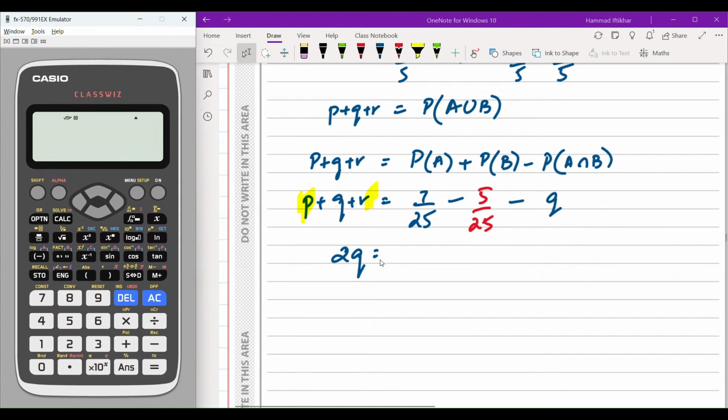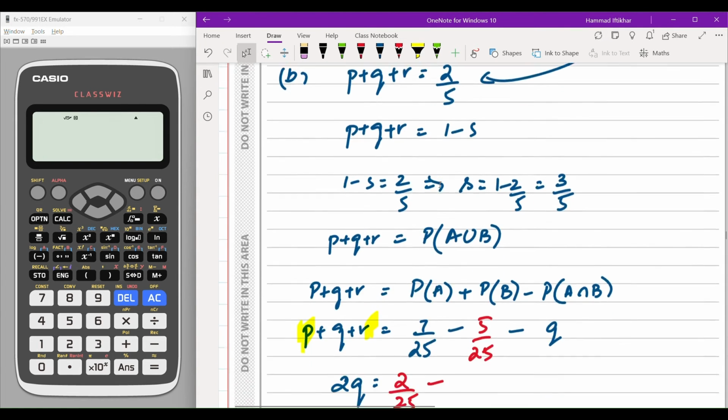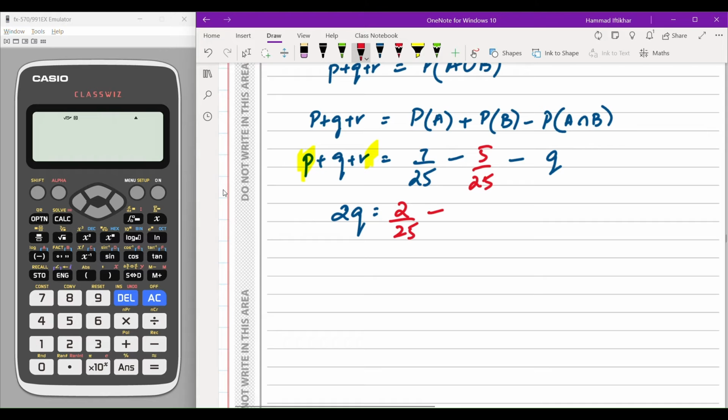So 2/25 minus 8/25. This was plus, sorry, my bad. So this ends up to be 4/25. So Q is actually 2/25.